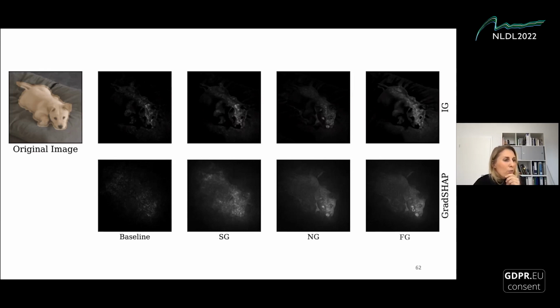And for FusionGrad, you see that the eyes are not detected anymore by the explanation method, because now we make the combination. But what you see is that the shape is getting much more precise and clearer.